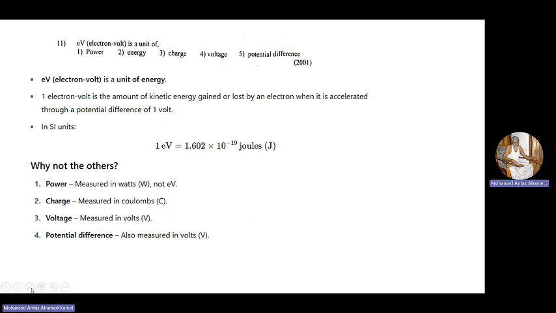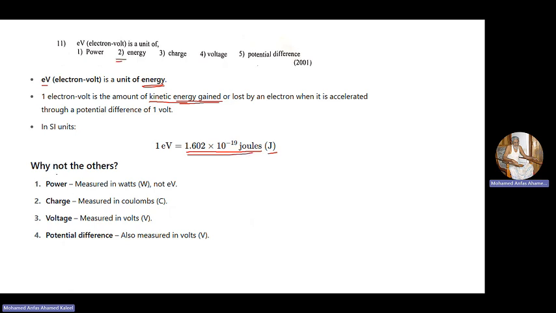So it means it's about kinetic energy, energy gained. So the unit of electron volt is energy. By experiment, it's derived as 1.602 × 10^-19 joules.